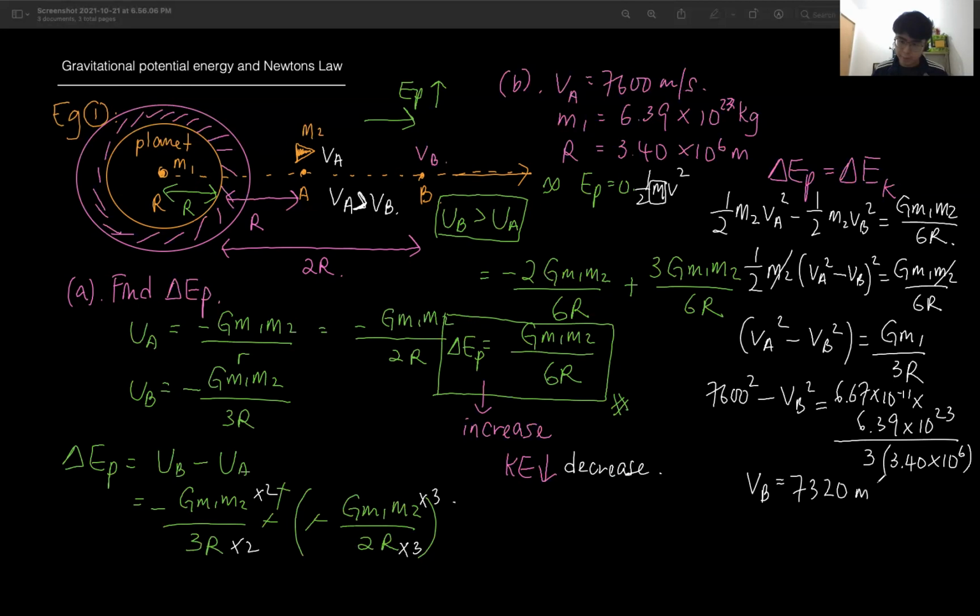VB is 7320 meters per second. So velocity at B is 7320, velocity at A is 7600.